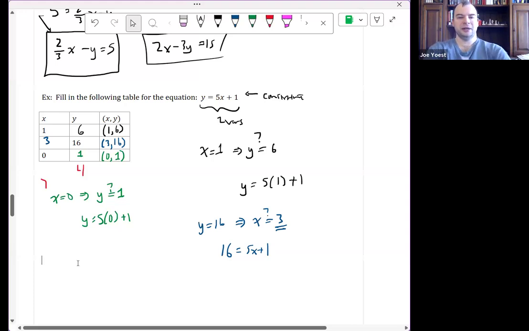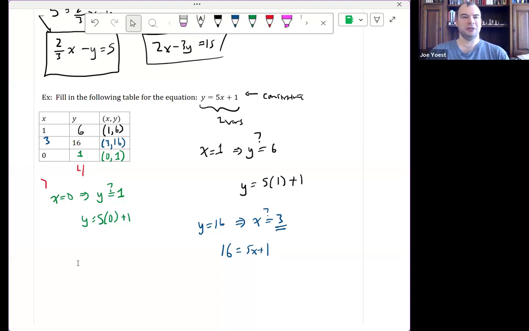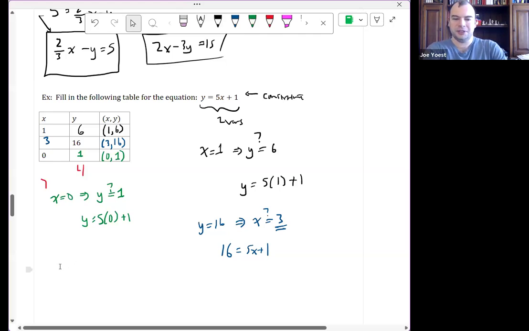If we wanted more points, more relationships between x and y, when x is this number, y has to be that number, or vice versa, we could just keep picking different values for x or different values for y, finding the associated value for the other variable, getting another ordered pair, getting another point on the graph for this relationship.